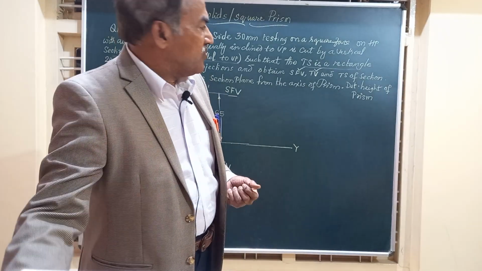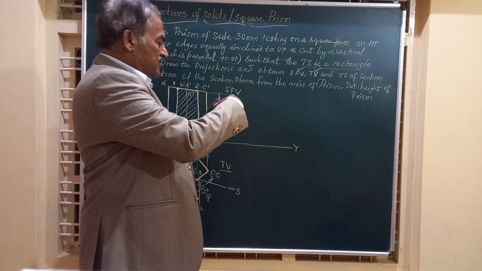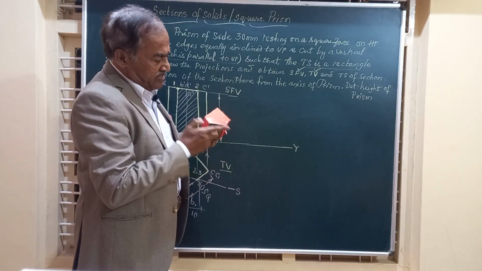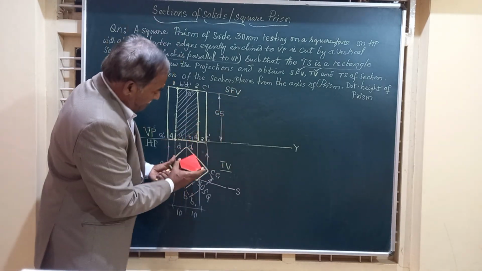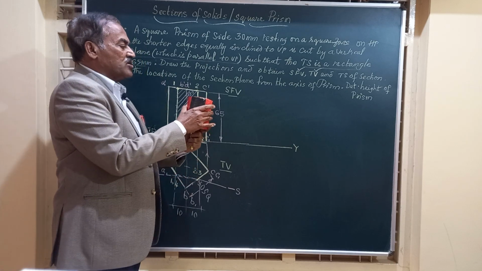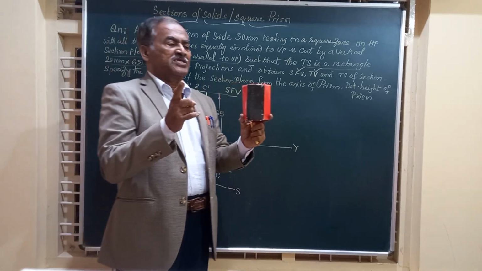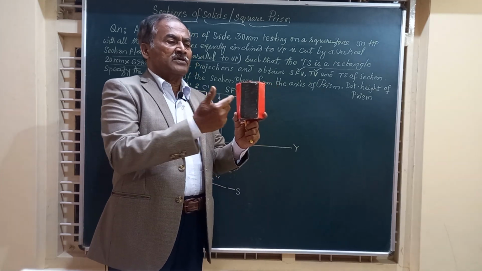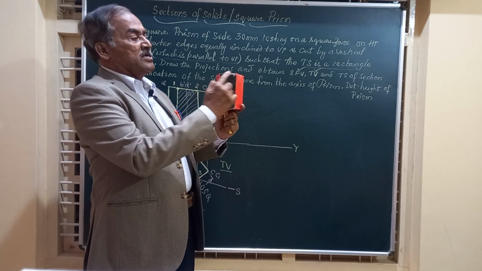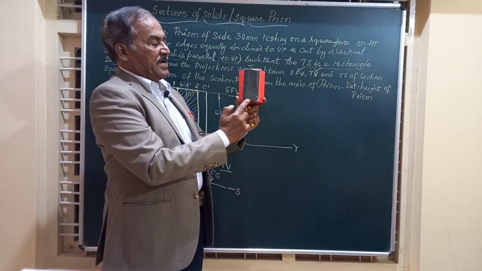Friends, if you want to see practically, this is how it will look. So we had this square and we have removed this by a section plane like this, and this is how the prism will look in the front view along with this section. This is point 1, 2, 3 and 4.